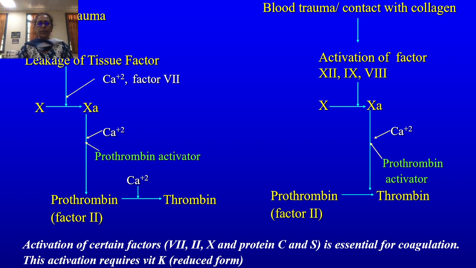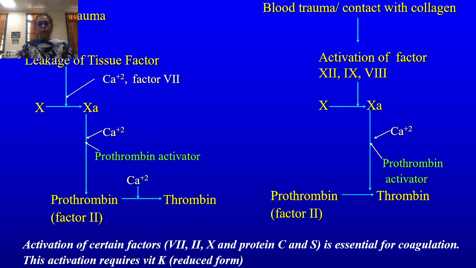Both the extrinsic and the intrinsic pathways ultimately convert factor 10 into 10A, then prothrombin to thrombin, and then fibrinogen into fibrin, which forms a clot.